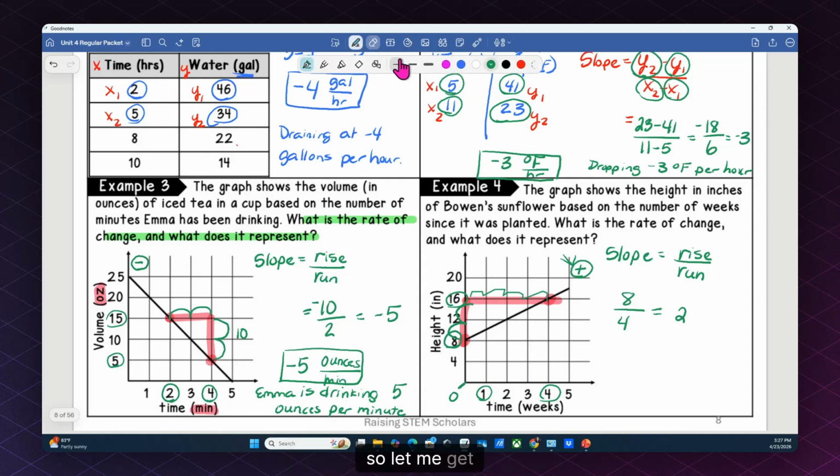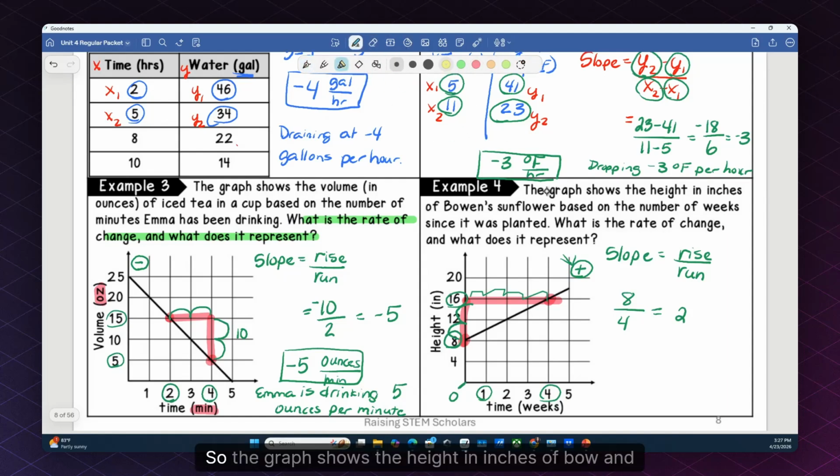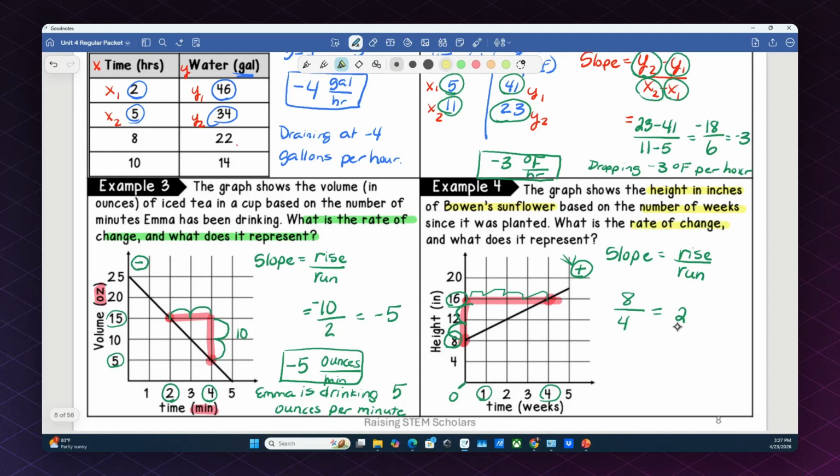Okay, so let me get my highlighter here. The graph shows the height in inches of Bowen's sunflower based on the number of weeks since it was planted. What is the rate of change? Okay, we figured out it's this positive 2, but what does it represent? What this is telling us is that Bowen's sunflower is growing.